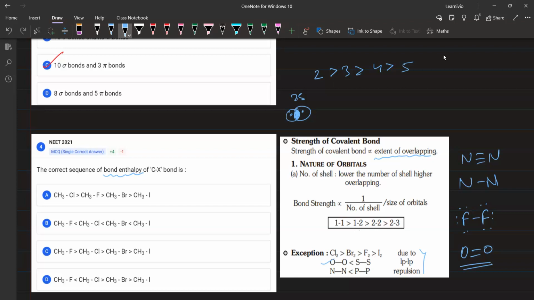Got the answers? A नहीं होगा ना, ये कैसे होगा?